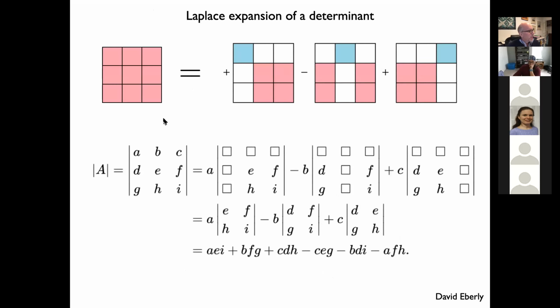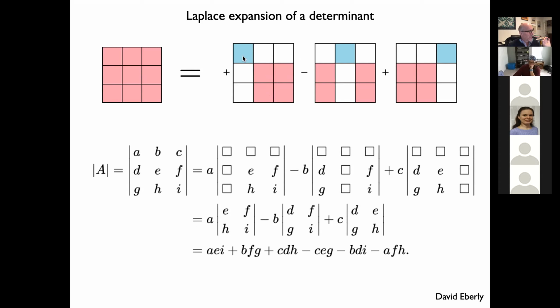Now, digging into what the Laplace expansion really is a little bit, what you're doing is you're picking a row and looking at the elements of your matrix in that row, and then crossing out that given row and column, and then calculating the determinants of the minors associated with that element. And so this is how we get this expression here.